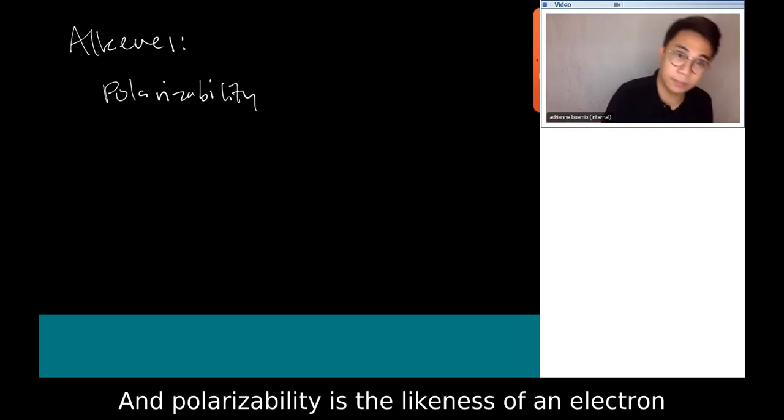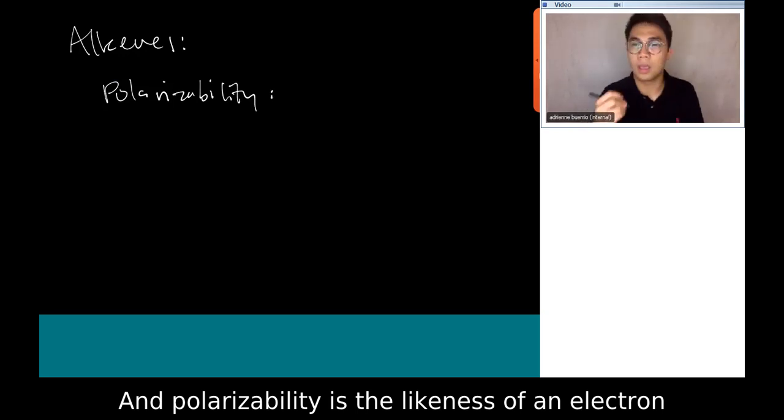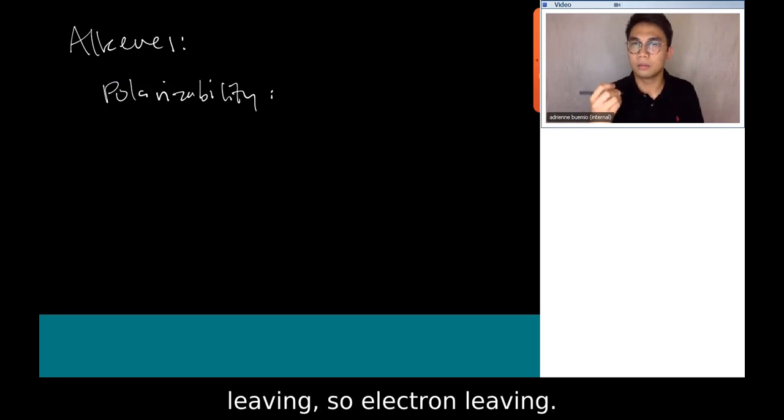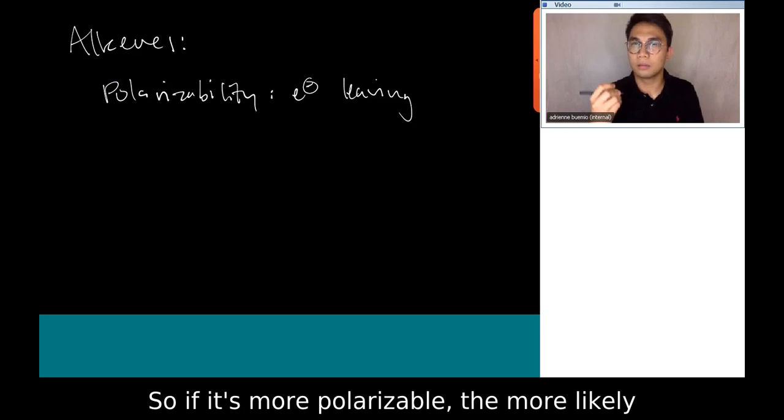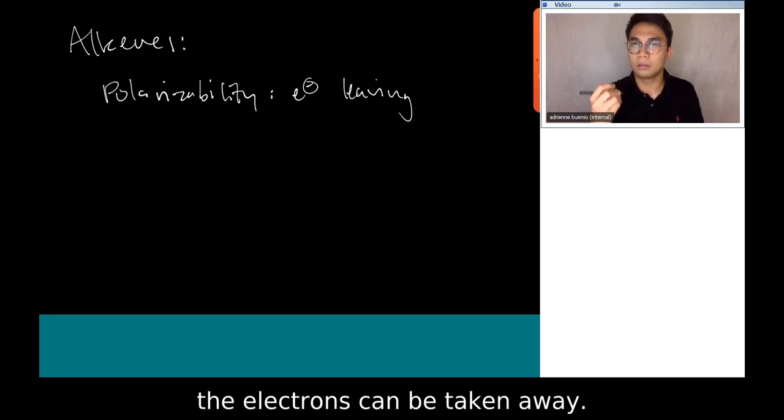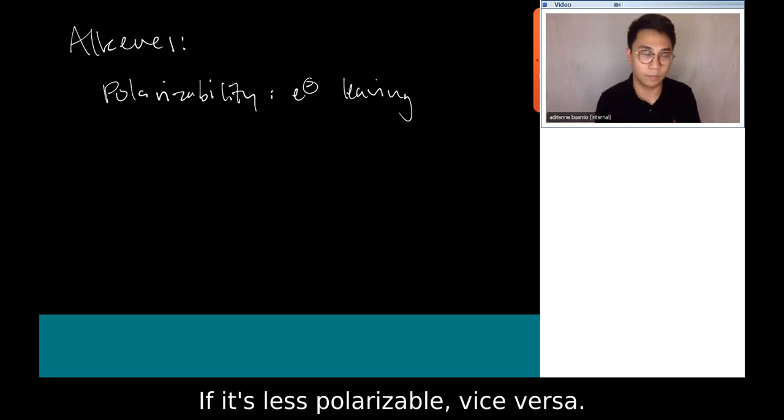And polarizability is the likeness of an electron leaving, right? So if it's more polarizable, the more likely the electrons can be taken away. If it's less polarizable, vice versa.